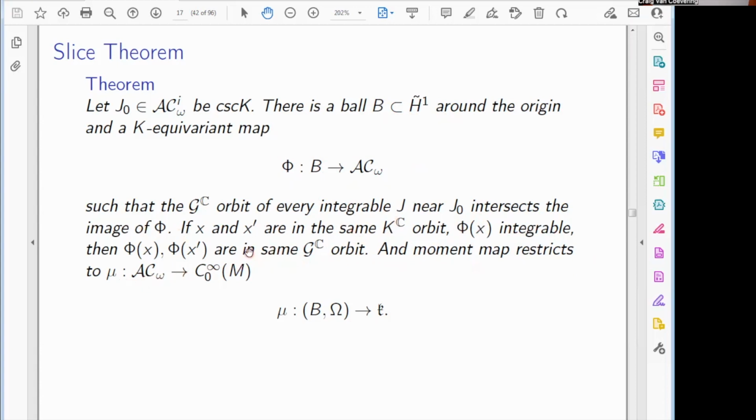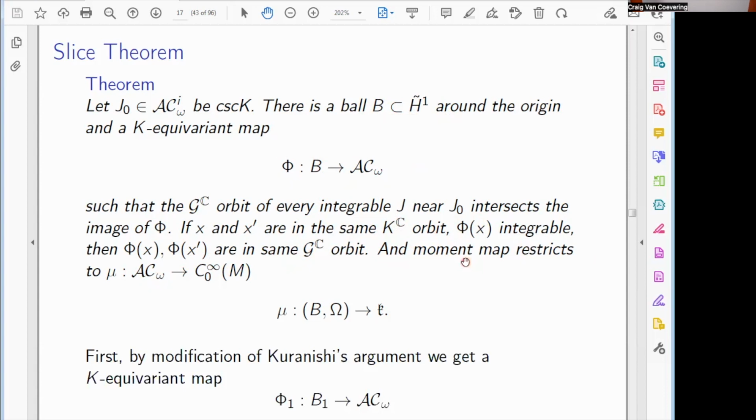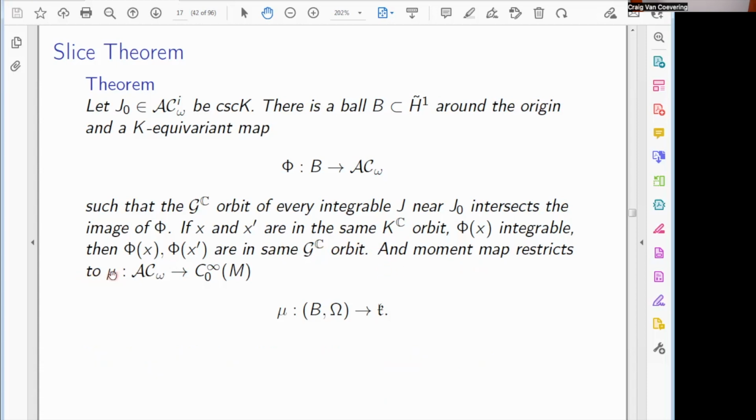And so first you construct the Kuranishi slice, but then we also perturb it so that the moment map, which is the scalar curvature, restricted to this slice, so we can perturb this slice so that the moment map has values in the Lie algebra of the isometry group of J0, of the center point.